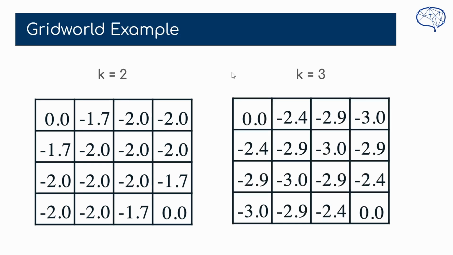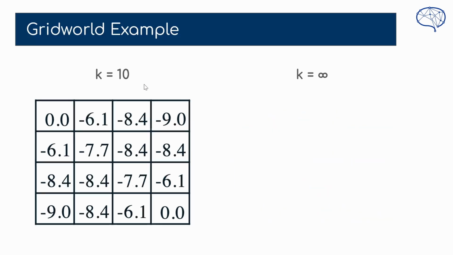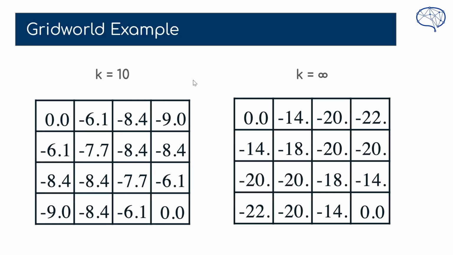And then we do it again, and again, maybe 10 times. And once we do this to infinity, we eventually converge to these values over here. So assuming you're following a random policy for all states, these are the values that you get at the end.